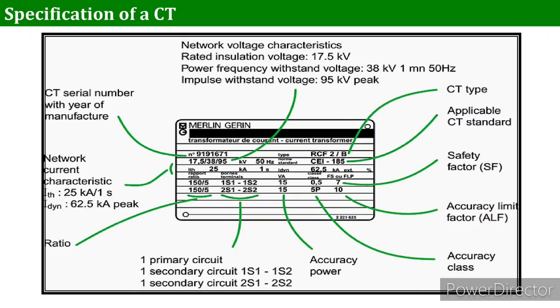The major reason to show this nameplate is to familiarize the students with it, so that if you are selecting any CT, you know all the different factors that are responsible for a CT's performance.